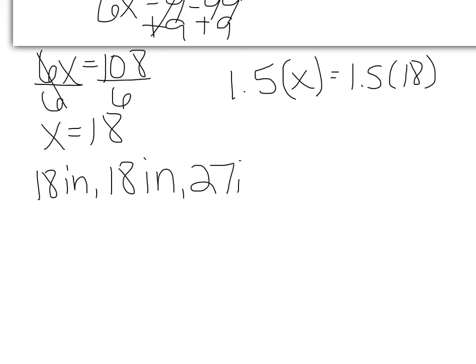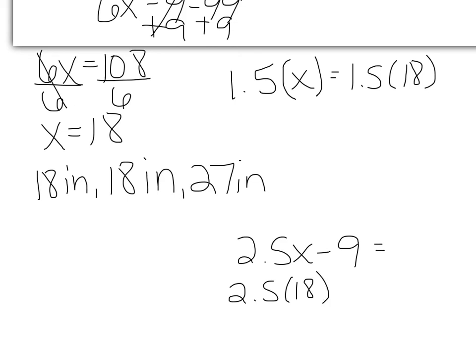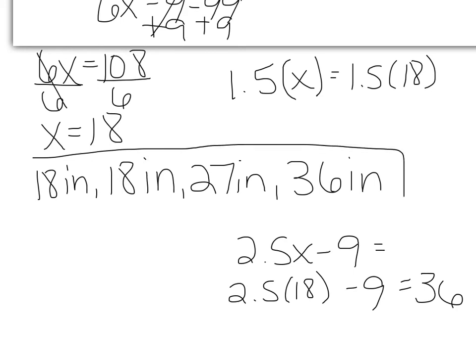So then you have 27 inches. And then you also have 2.5x minus 9, which is 2.5 times 18 minus 9, which is 36. So our other answer is 36 inches. And that is your answer for the trapezoid question.